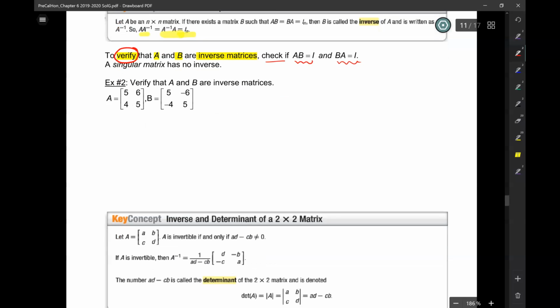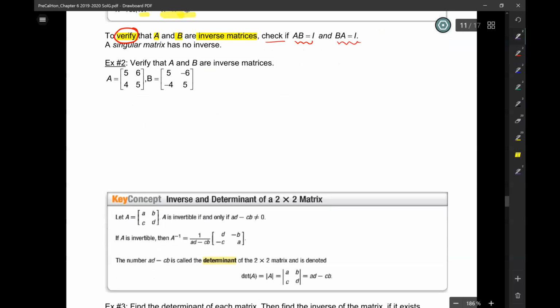Okay, so let's see this. So it says to verify. So what I'm going to do is AB. 5, 6, 4, 5 times 5, negative 6, negative 4, 5. This is going to give me a 2 by 2, right? Okay.